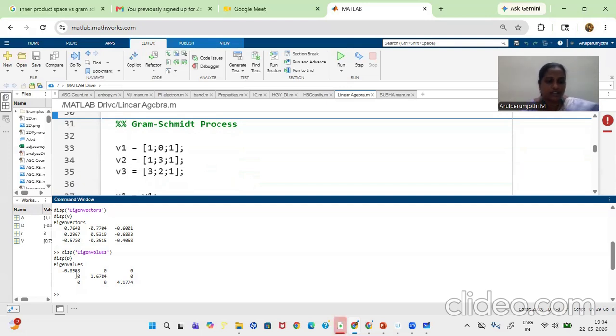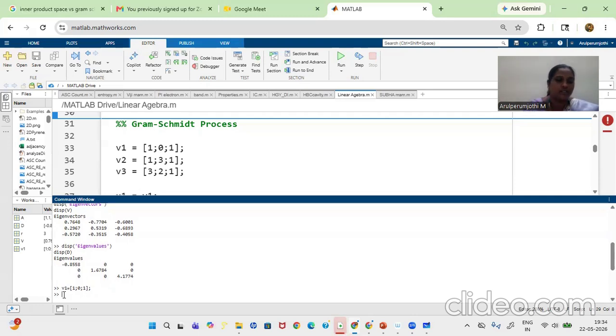First, define vector V1 equal to, open a bracket, 1 semicolon 0 semicolon 1, then close the bracket. Put a semicolon, then it won't display. Next vector is V2. After the double arrow appears, you can enter the next line.